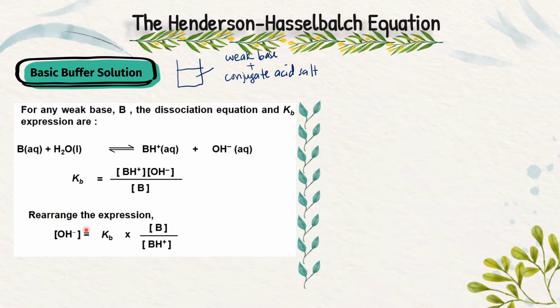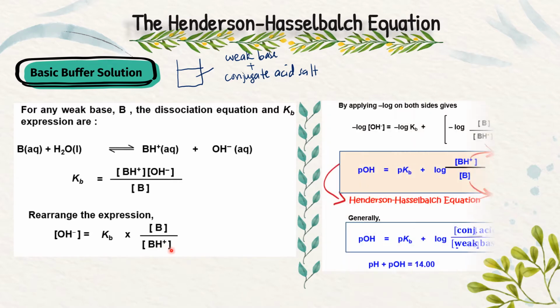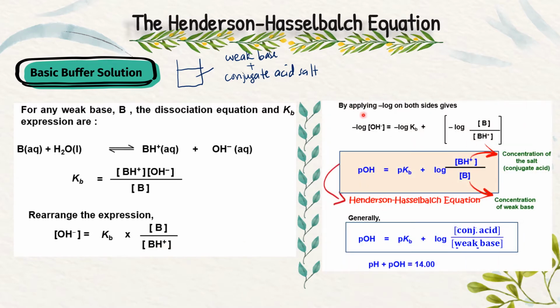So, when we rearrange the equation, kita letak dia macam ni. Concentration of OH- equals Kb times concentration of the weak base over concentration of the conjugate acid. Okay, so again, by applying negative log on both sides, kita rearrange balik semula equation kita.